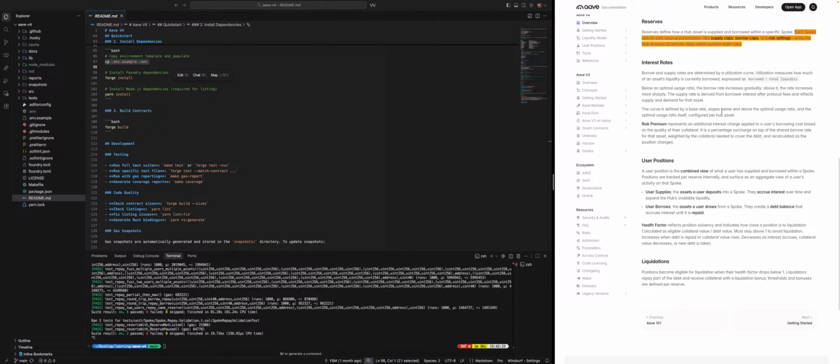So the borrow rate, the amount of money that you need to give as a premium for borrowing assets, increases gradually if it is under a certain point. It moves gradually till that point, which is mentioned here.